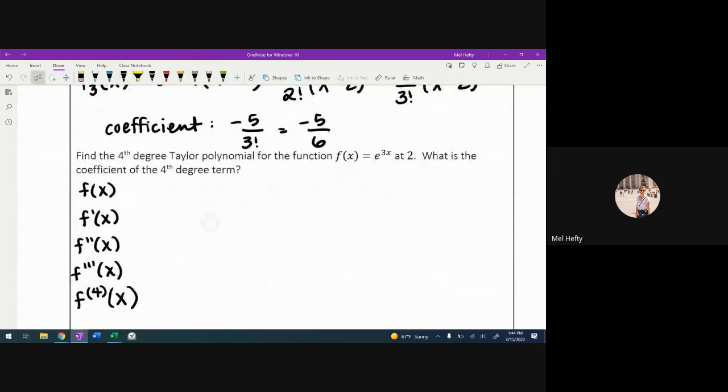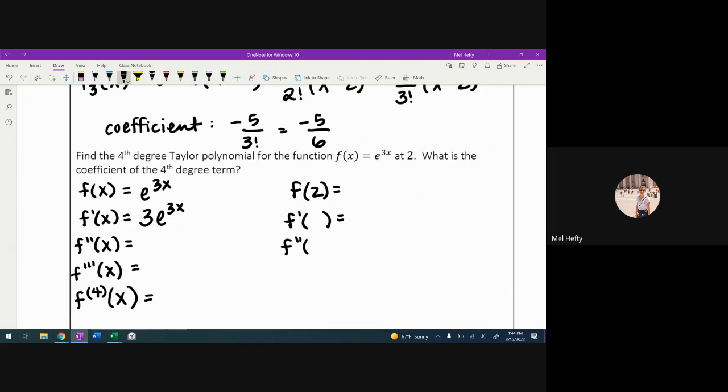All right. Anything you want to tell me about taking these derivatives? Because I'm going to have you do it. Chain rule. Wow, what a great idea. So e to the 3x, I'm going to chain rule. My first derivative would be e to the 3x times 3. You're going to find all of those derivatives, and then I want you to plug in the center. Anyone see what the center is? 2.